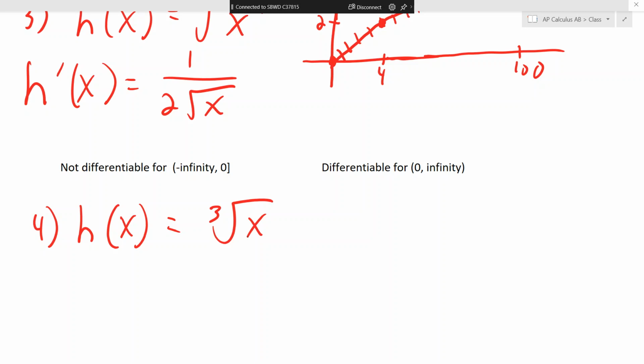Cubed root of -8 is -2. However, because it's a root, the graph of this thing on the positive side still looks the same. It just goes up a little bit less because I'm taking the cubed root now instead of the square root. Negative numbers get treated exactly the same, except they're negative outputs. So it's the same exact shape, just down here like that.